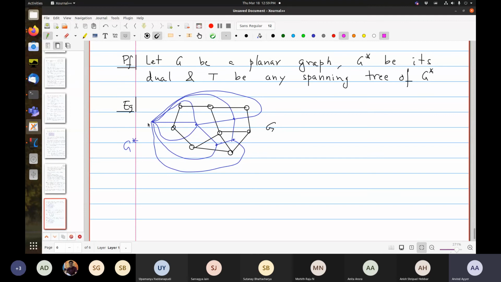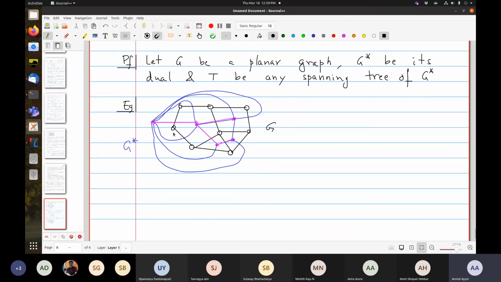It should span every single face of G, which is a vertex of G star, including the outer face, and should be a tree. So like this. Okay, this is nice and visible. This is a tree, and it looks like Orion or something.